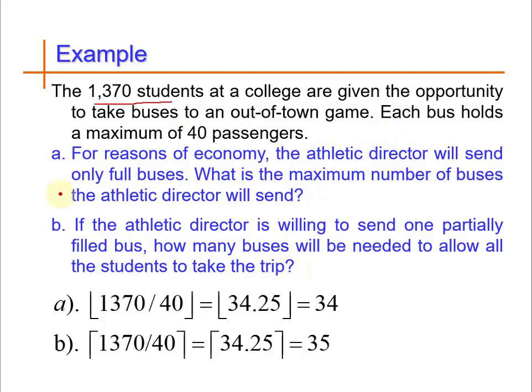Each bus holds a maximum of 40 passengers, so there are only 40 seats available in these buses. Part a says, for reasons of economy, the athletic director will send only full buses. Now the question is, how many buses should the athletic director send?